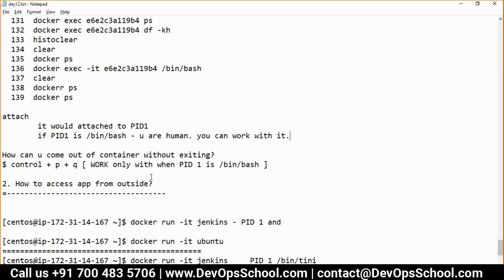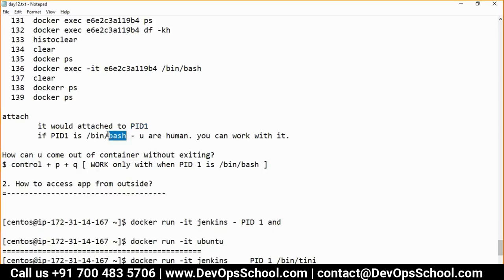Okay. So for attach, the command will be Ctrl+P+Q, is it? No, sir. I am saying when you are inside a container and without killing the PID 1, you want to come out of it in a safe way. How can you come out of the container without exiting? Because when you attach, you go into the PID 1, and if it is /bin/bash, then you write exit.